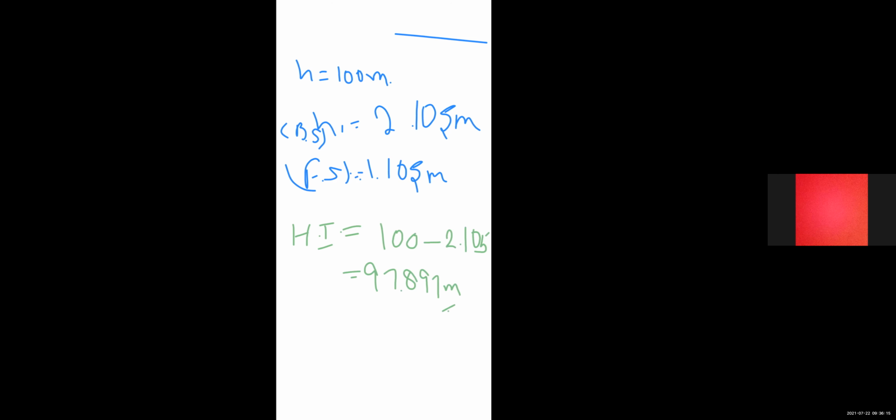Then elevation of plinth is height of instrument minus foresight. That is 97.89 minus 1.105.